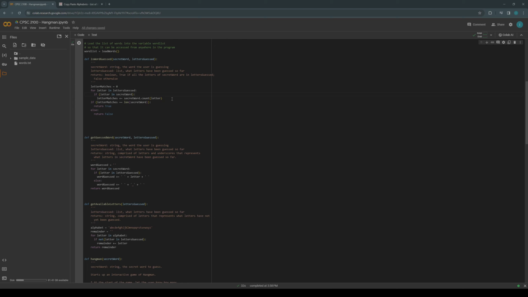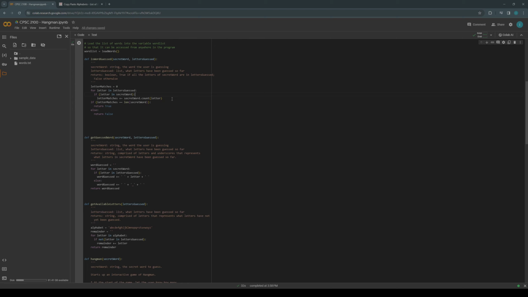The reason you would want to do that is if you are allowing people to guess the same letter over and over again, and you're also appending that letter to your list of letters guessed. In my code, I don't append a letter again if it's guessed again. I just print out, hey, you've already guessed this letter, try again, and I don't append that letter to my letters guessed list again.